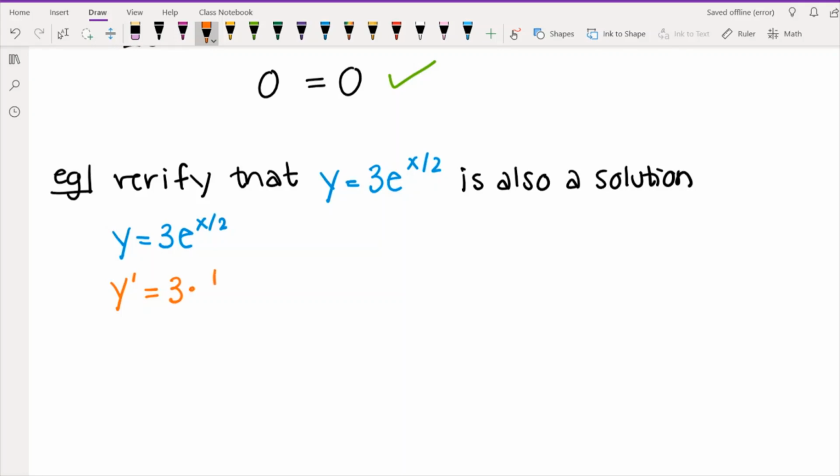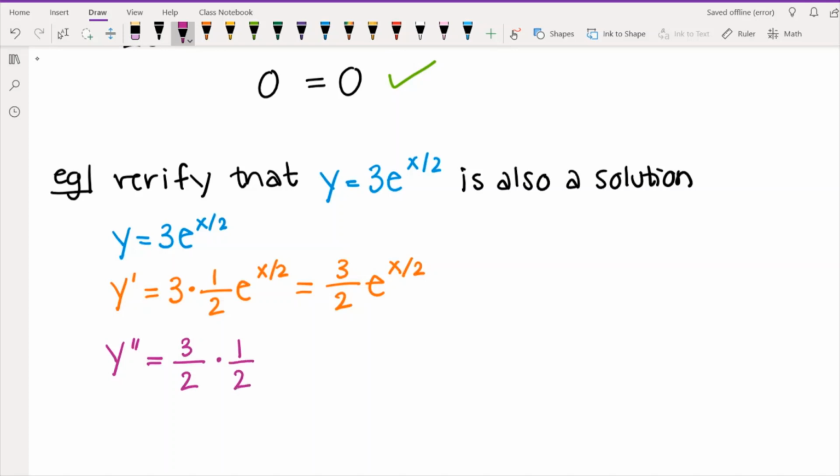So 3 times 1/2 e to the x over 2, which gives us 3/2 e to the x over 2. And then the second derivative, we would again have something come down from the chain rule, right? So we would have 3/2 times 1/2 times e to the x over 2, and that simplifies to 3/4 e to the x over 2.